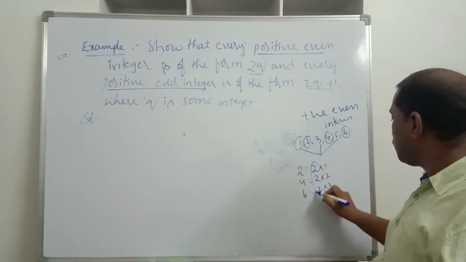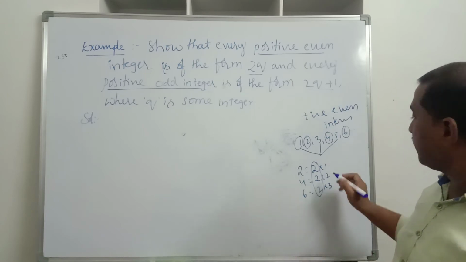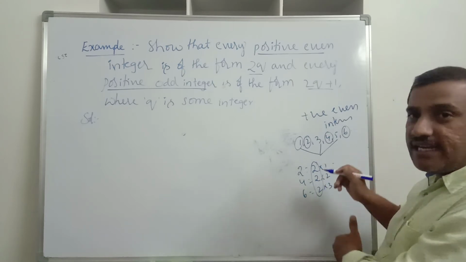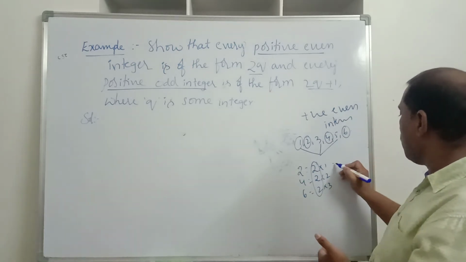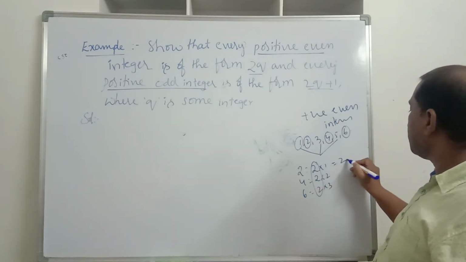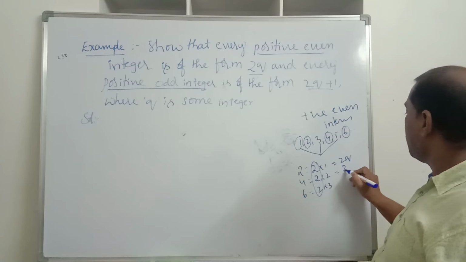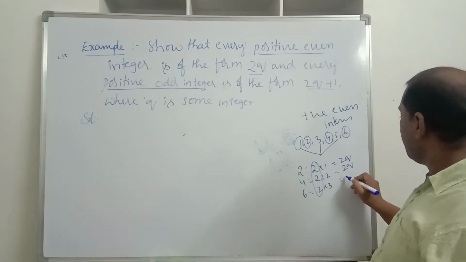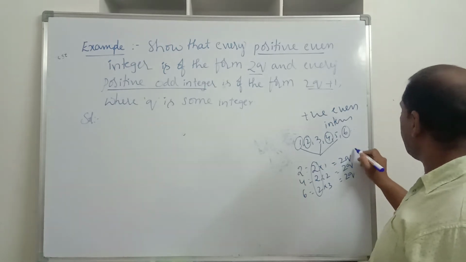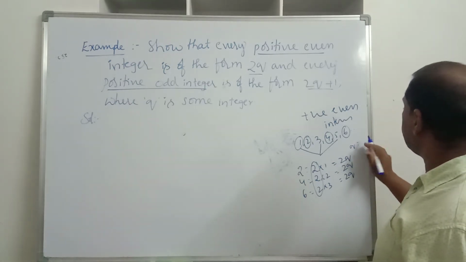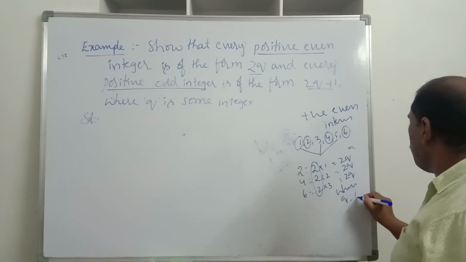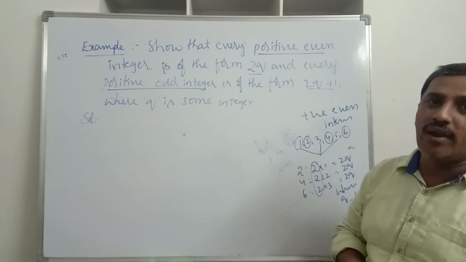Here if you observe, 2 is common. So if you take 1, 2, 3 as some integer q, then we can write these as 2q, where q is equal to 1, 2, 3, that is positive integers.